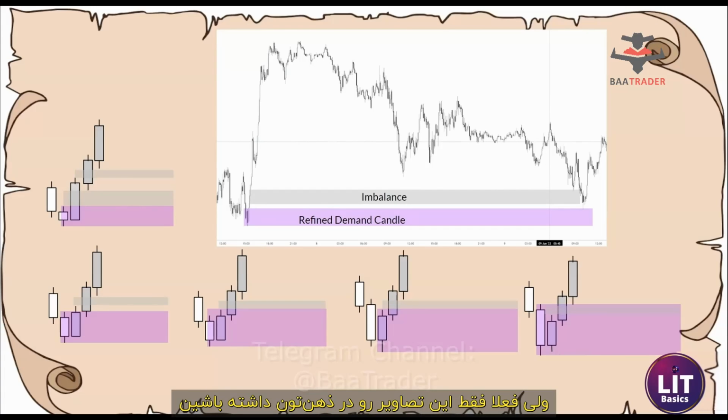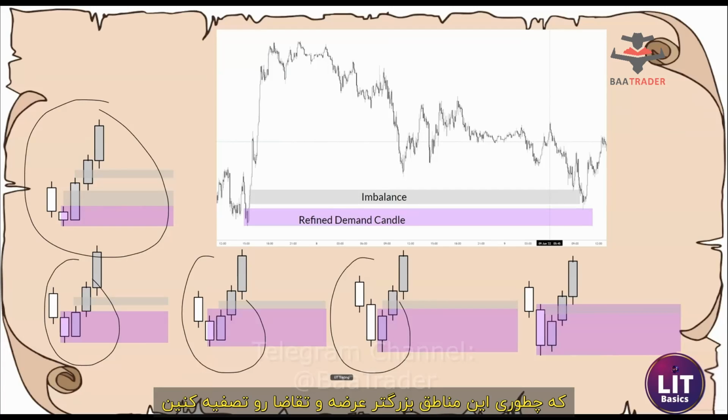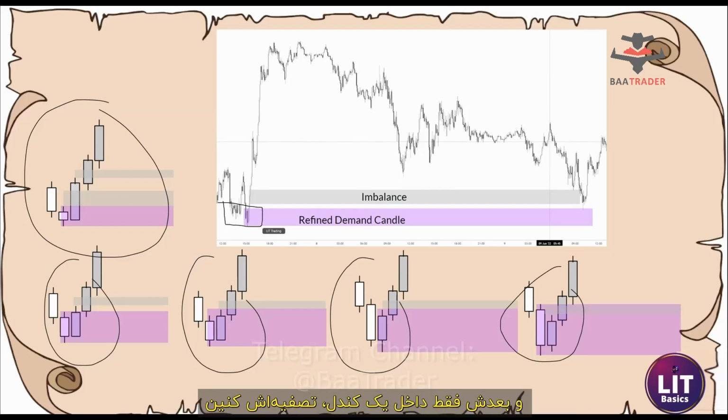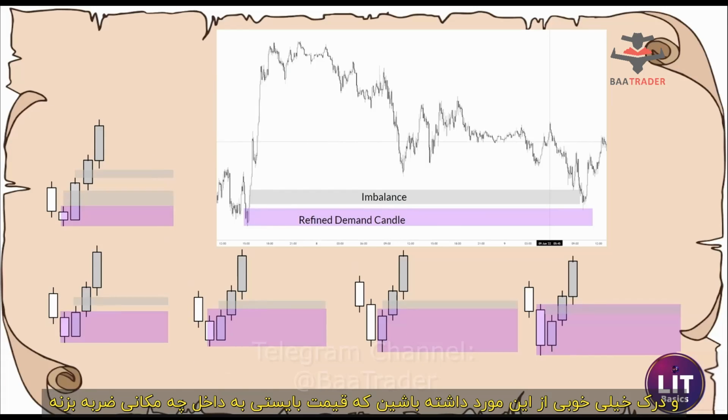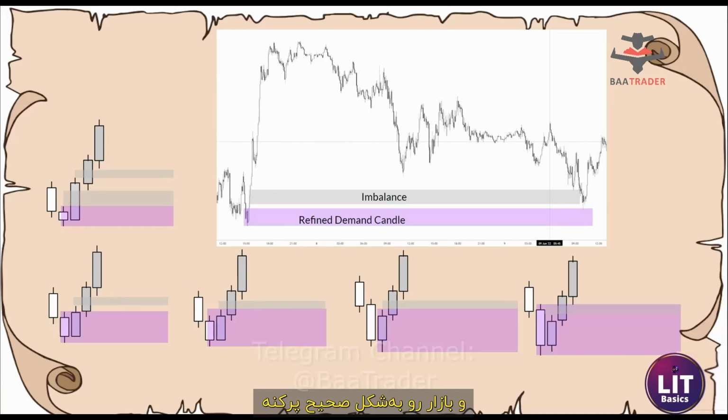But for now, just get these pictures into your head of how to refine these bigger supply demand areas, and then refine it into just one candle using the imbalance for helping you, to make these zones very precise and obviously having a very good understanding of where price actually should tap into and fill the market properly, right?